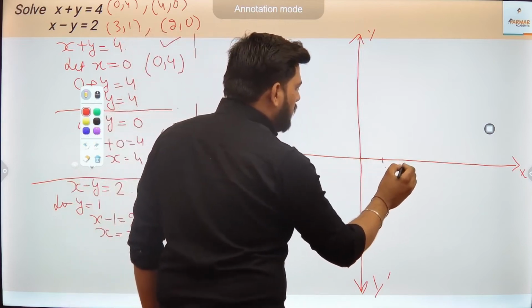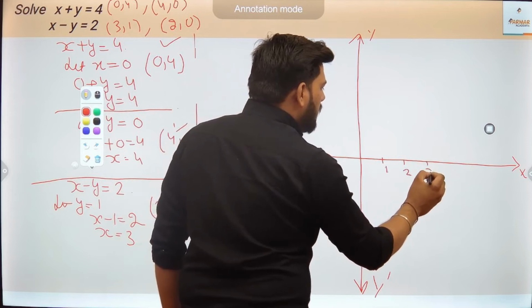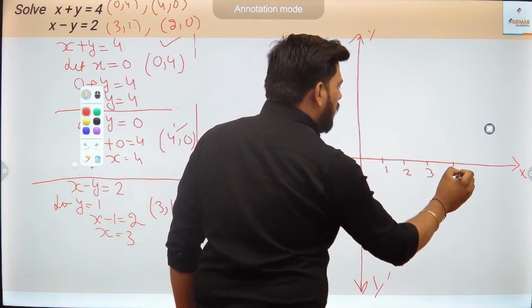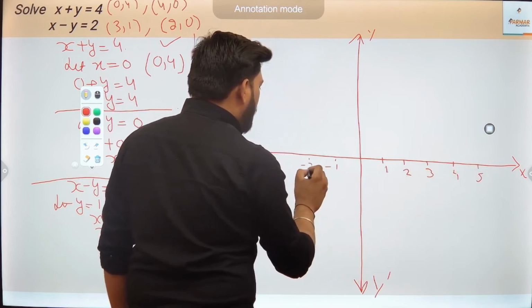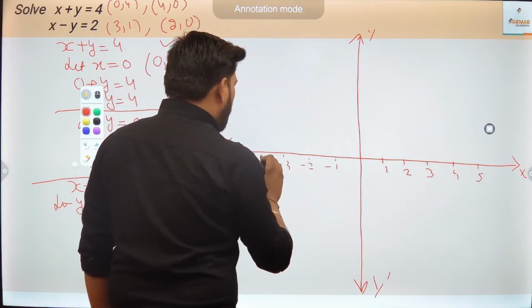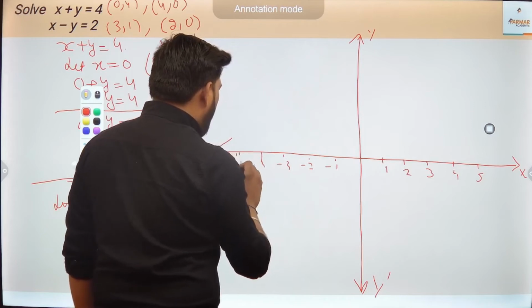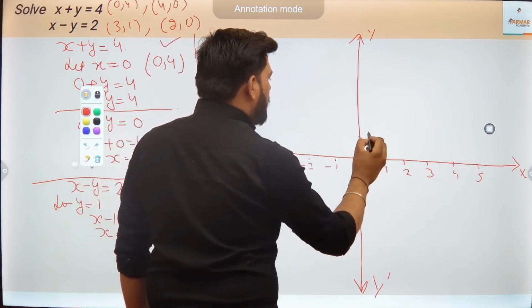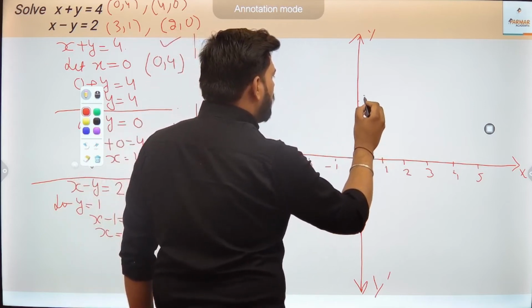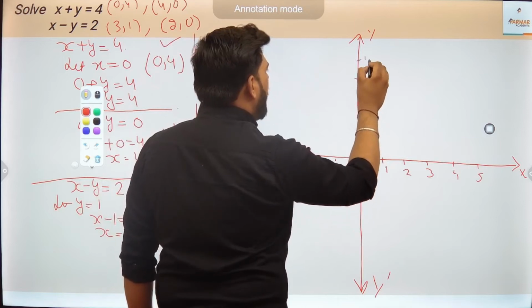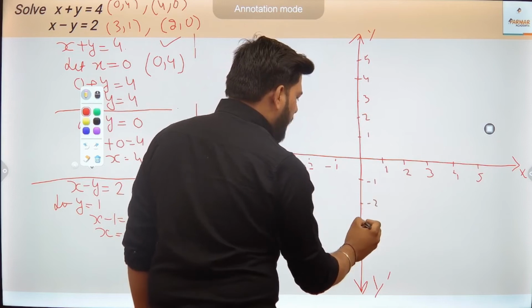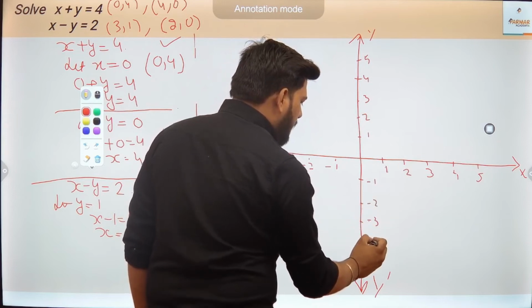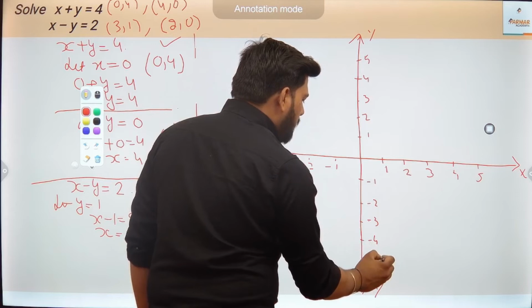Points are 1, 2, 3, 4, 5. Here negative points -2, -3, -4 and -5. Positive values of y 1, 2, 3, 4 and 5. Negative values of y, that is -1, -2, -3, -4 and -5.